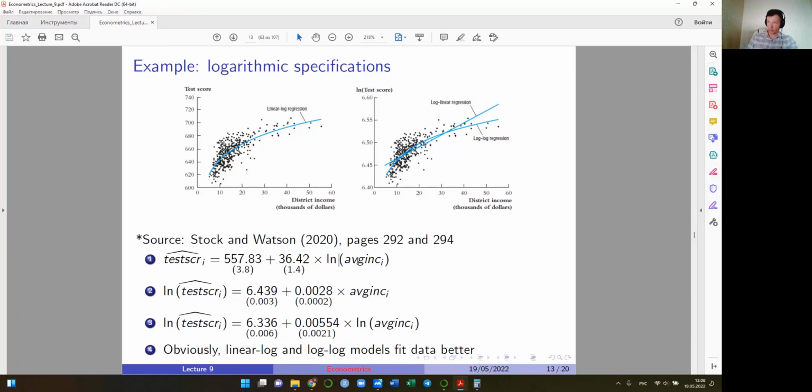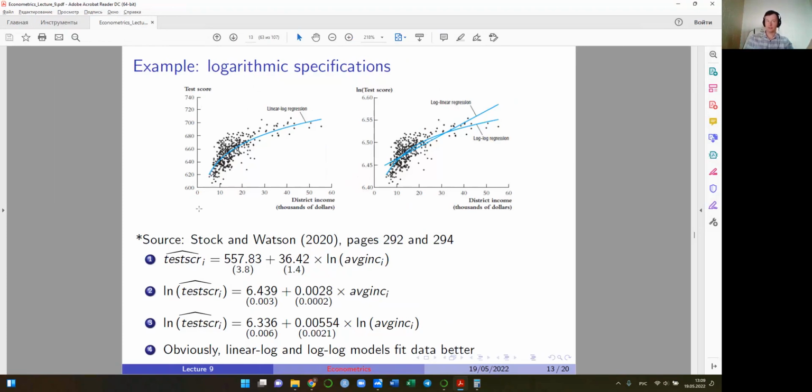And moreover, when we want to choose from these models, there is another issue. Does it make sense to take test score in log? Well, probably no.